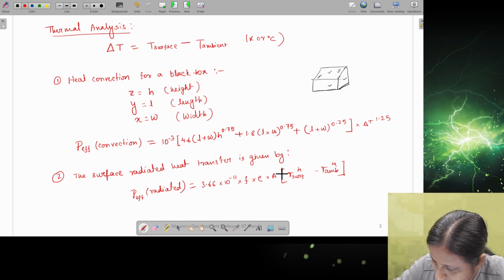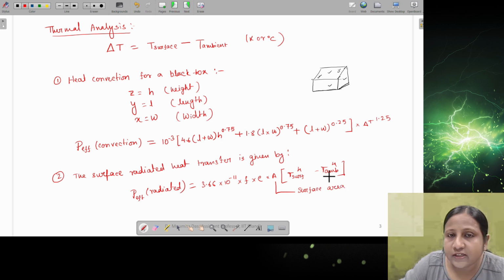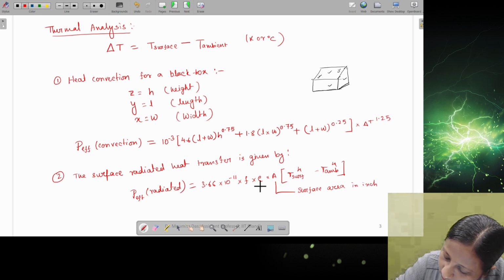Okay, so here this is the surface area. The unit considered here is inch. If you want to consider a different unit, that factor will change accordingly.